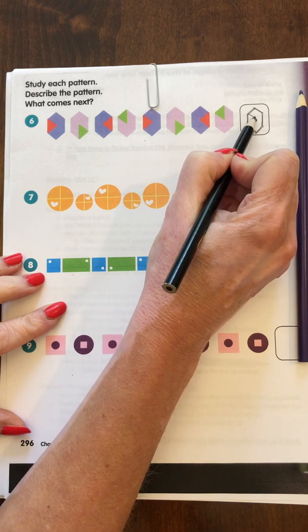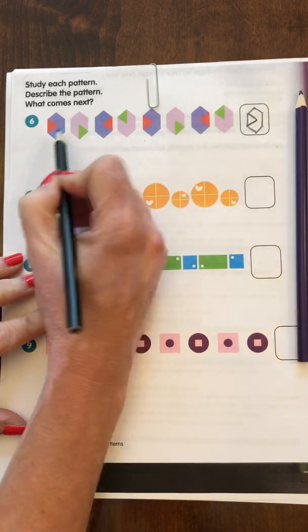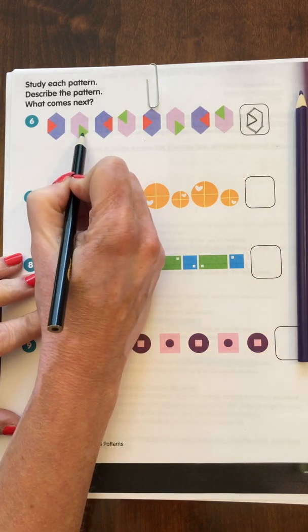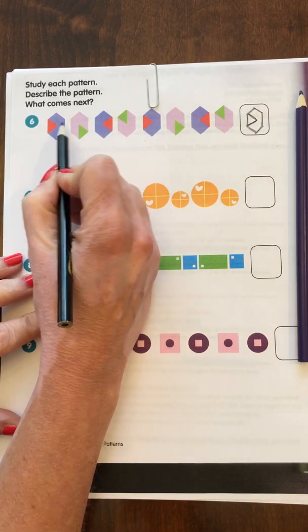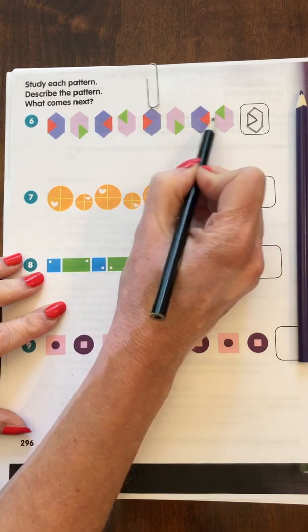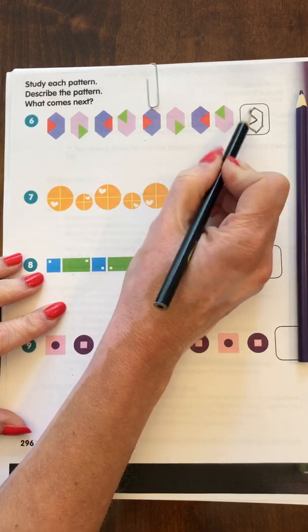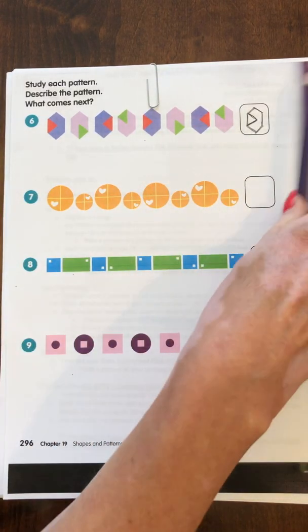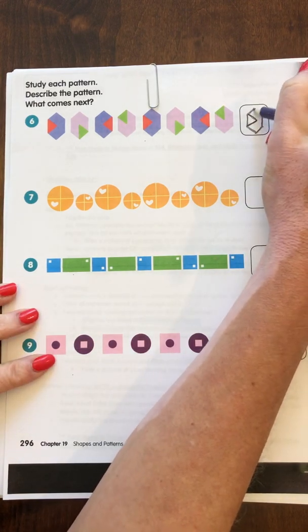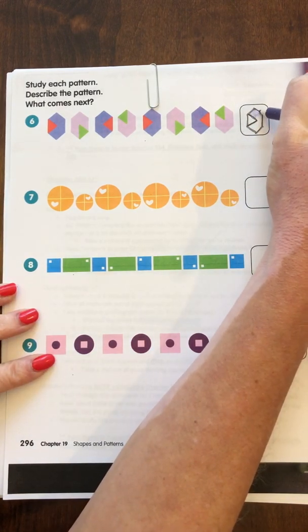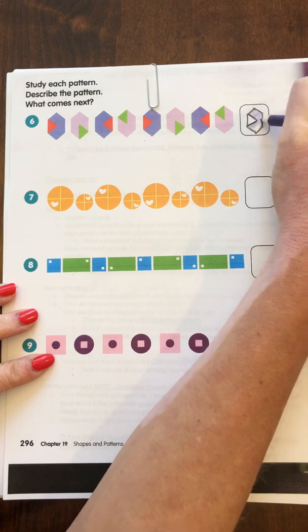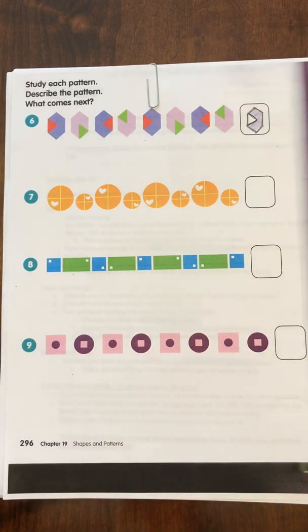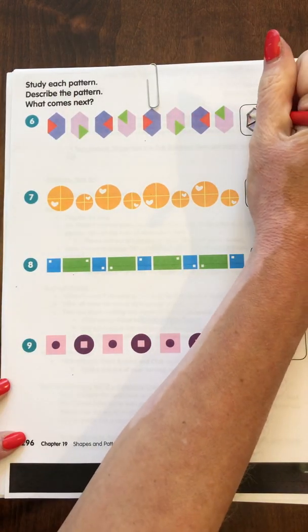We didn't necessarily even have to calculate how much this rotated from this one to this one because we knew the next one was going to be the dark purple. So we end up with a dark purple hexagon. My dark purple doesn't come out very well. And the red is right here.